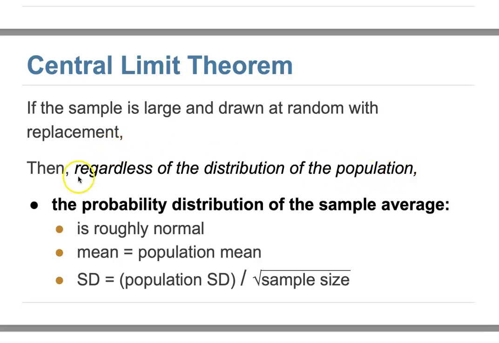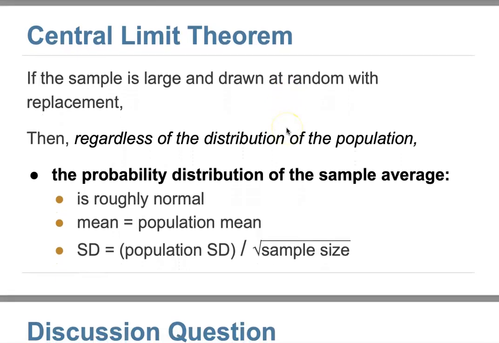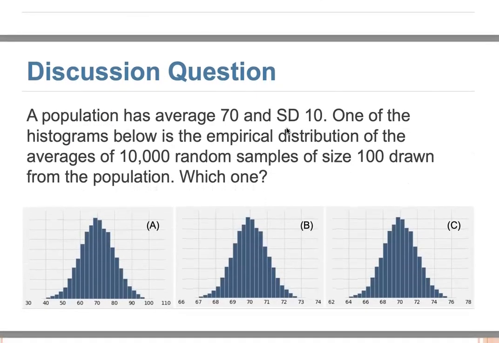So no matter what kind of distribution the population has, the probability distribution of the sample average, that means the empirical distribution from many sample averages, will be roughly a normal distribution, a symmetric bell curve. The population mean will equal the mean of the sample average, and the population standard deviation divided by the square root of the sample size will be the standard deviation of the sample average.